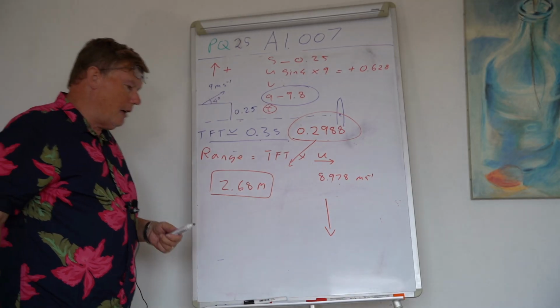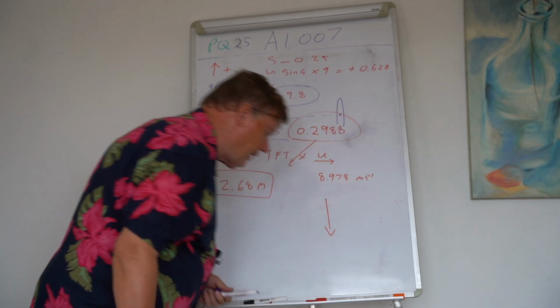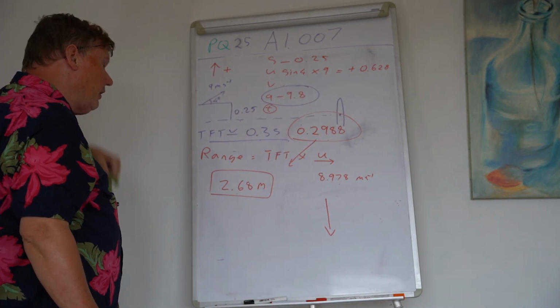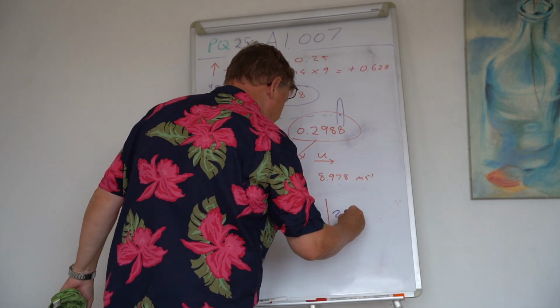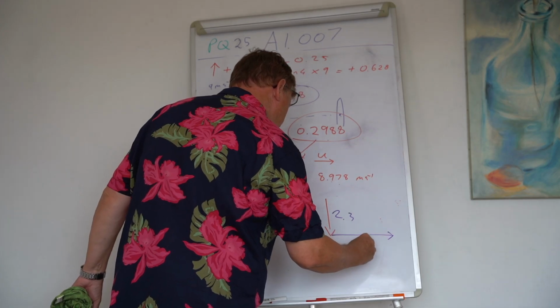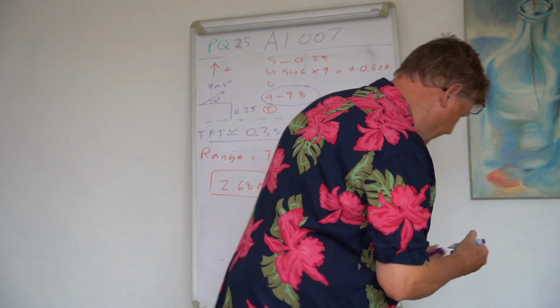Okay, so we're going to work out part BII, speed of the dart when it hits the bullseye. We know that when it hits the bullseye, it's going down at the speed we worked out earlier, which is 2.3 meters per second, and it's going sideways at 8.978, and we're going to use Pythagoras on that.